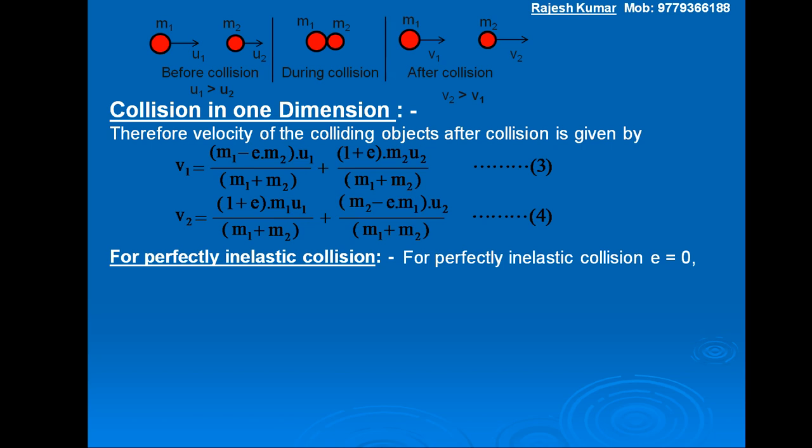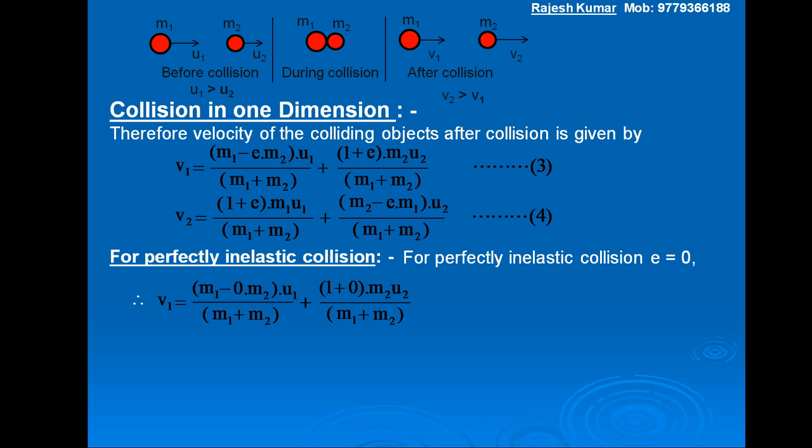So putting e equal to 0 in the above equation, V1 is equal to (M1 − 0 into M2) U1 upon (M1 + M2) plus (1 + 0) M2 U2 upon (M1 + M2).